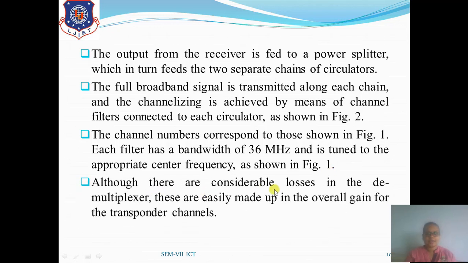Although there are considerable losses in the demultiplexer, these are easily made up in the overall gain for the transponder channels, right? So to keep the loss low, the overall channel is distributed among the transponder channels with the help of the separator chain of circulators.